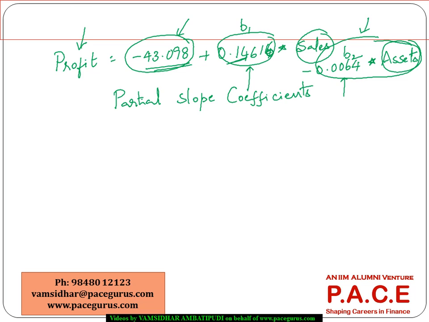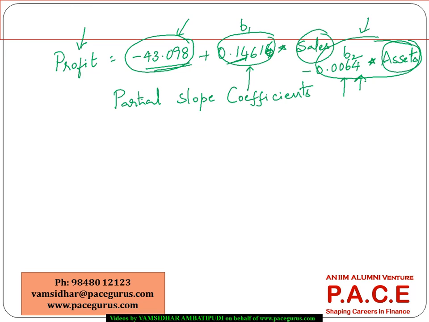That is the interpretation of the partial slope coefficient. Similarly, if nothing else is changing and the assets of the company increase by $1, the profit of that company decreases by $0.0064. That is what the negative sign is indicating to us. So that is how we interpret the multiple regression equation.